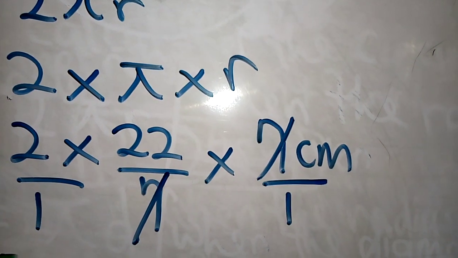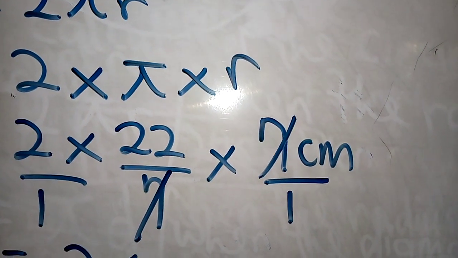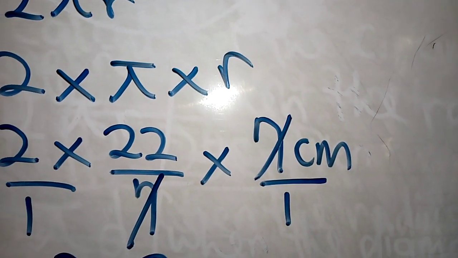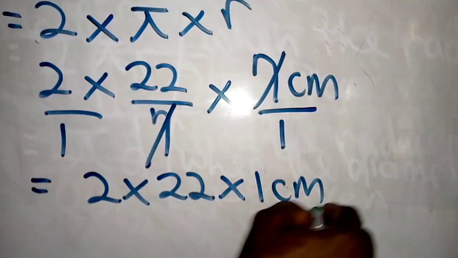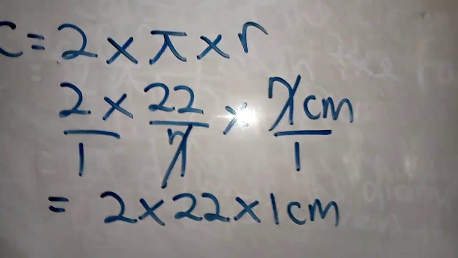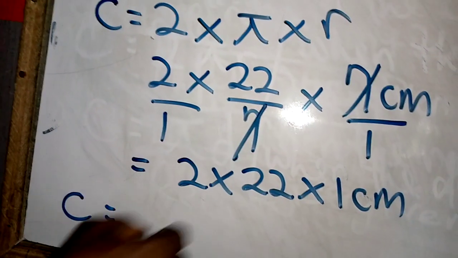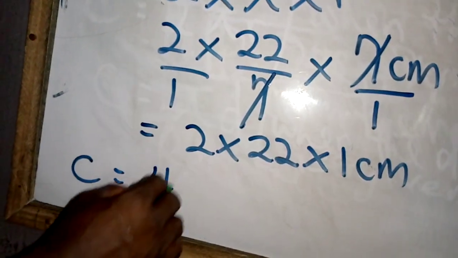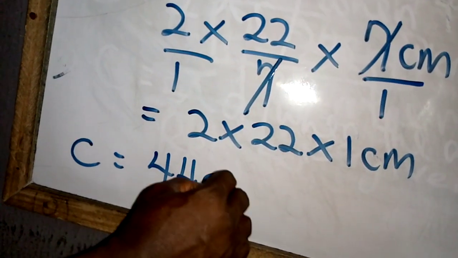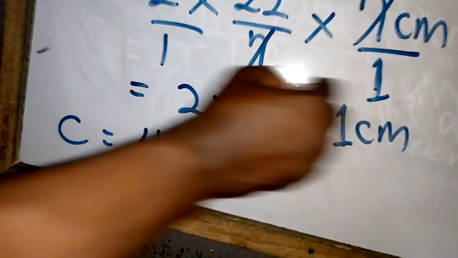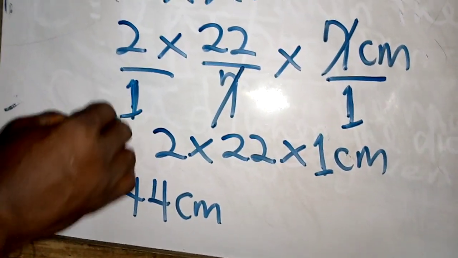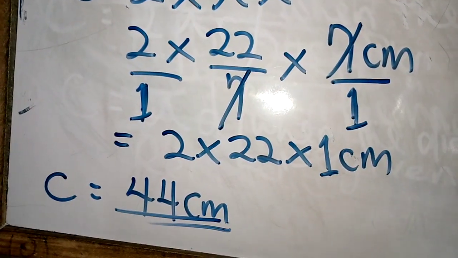We have 2 times 22 times 1 centimeter. 2 times 22 is 44. Our circumference is 44 centimeters.